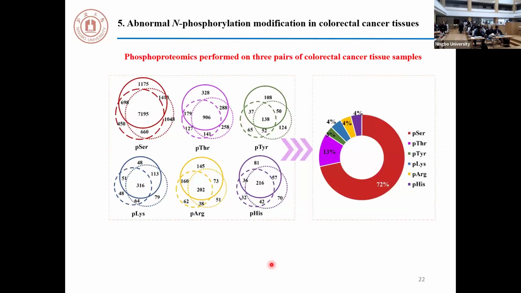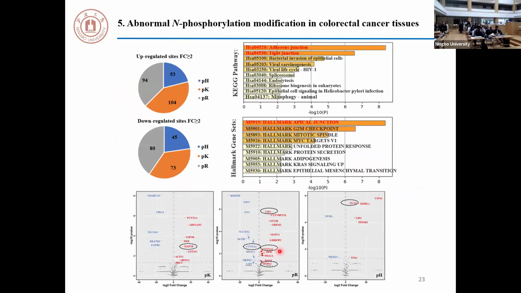Phosphoproteomics was also performed on these 3 pairs of tissue samples. In total, over 2,000 nitrogen phosphorylation sites were identified in the 3 pairs of samples. Based on label-free quantitative analysis, 448 phosphorylation sites with modification levels changed more than 2 times were identified.